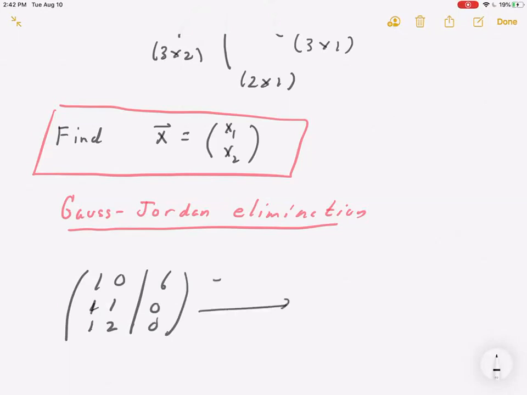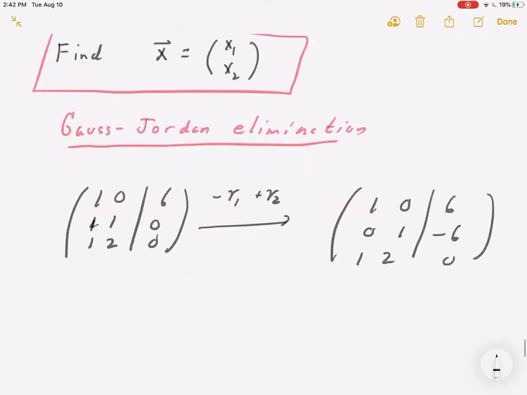So I would start out by taking a copy of row 1, multiplying it by -1, and adding that to row 2. And I would get the following result. And the goal in Gauss-Jordan elimination is to get your augmented matrix in reduced row echelon form. So the next thing I would do is take a copy of row 1, multiply it by -1, and add that result to row 3.